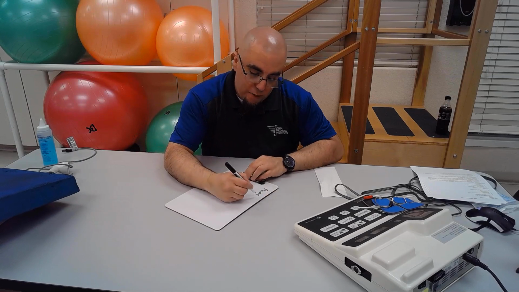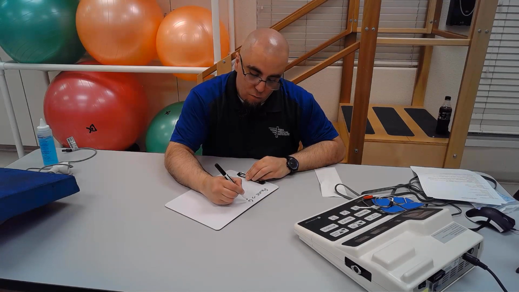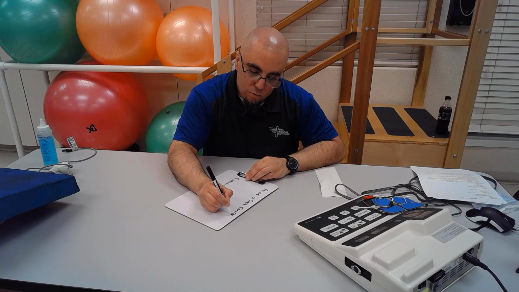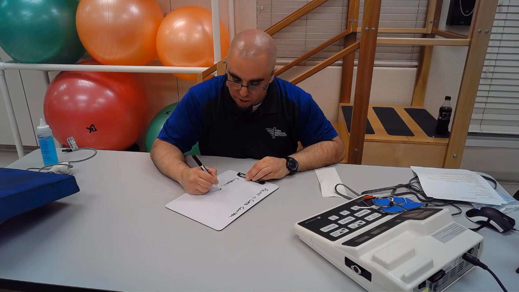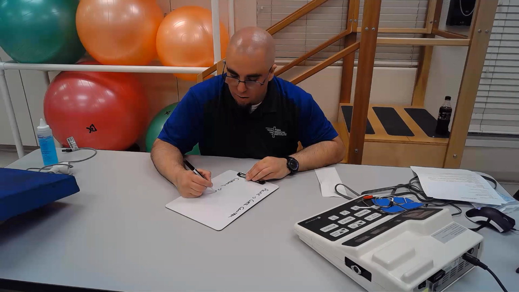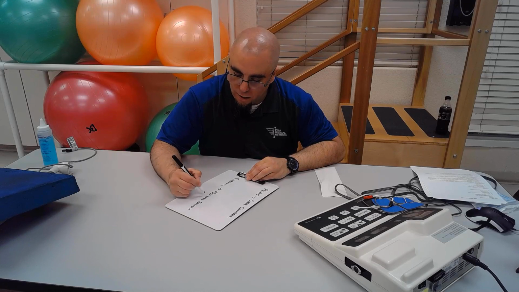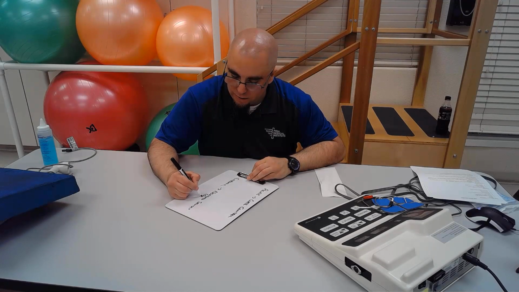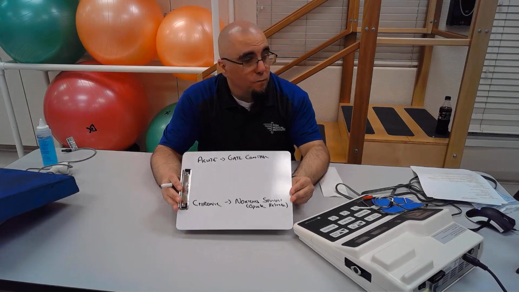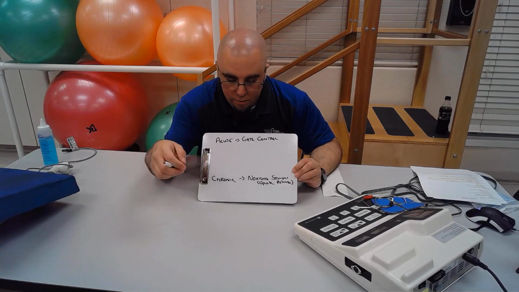So if they're an acute patient, we're going to work on the gate control theory. If they're a chronic patient, we're going to work along the noxious stimuli, also known as the opiate release theory. Right? So if we have an acute patient, we're working along that gate control theory.